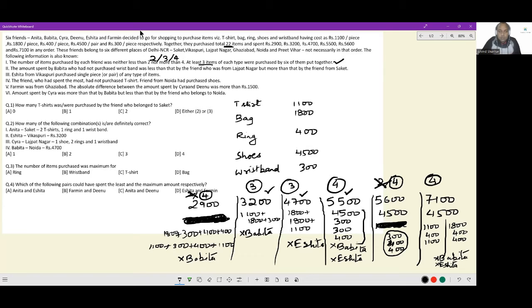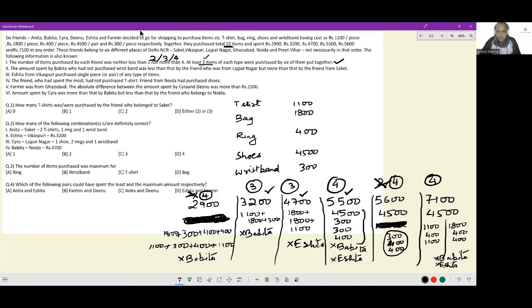Okay. Let us also try to ensure this condition of 3 items of each type. Do I have 1100 everywhere? At least 3 1100s. 1101, 1102, possibly 1100 here, 2 1100. So I can't really say if 1100 has been taken care of. Bag 1800. 1801, 1800, 1, 2.